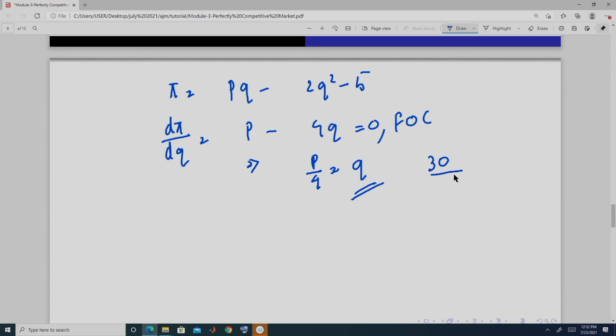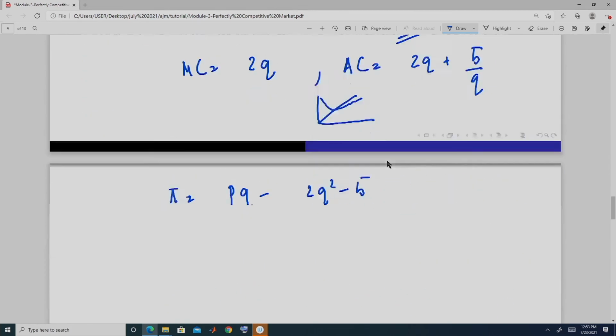So, 30 times this, the market demand curve is this.